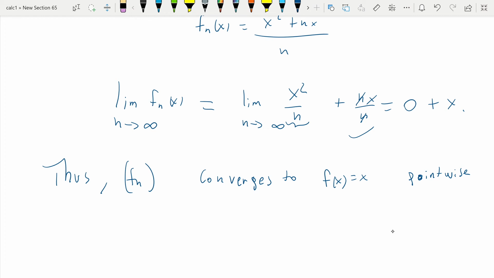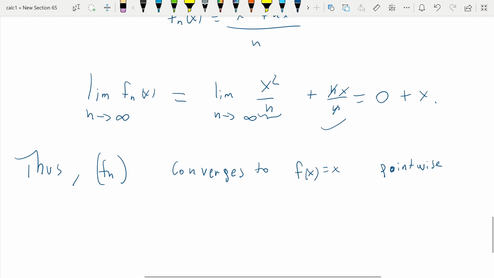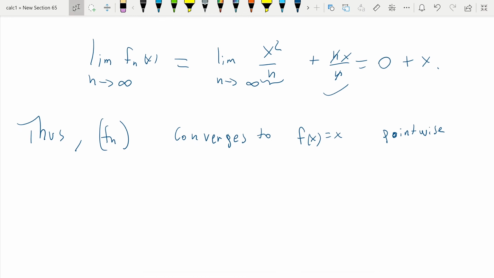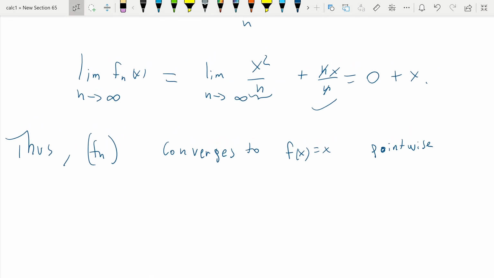The thing is, using the definition, if that happens for every x, which is the case, we just use an arbitrary x here, then if this limit is equal to this function, which in this case is x, for every x, then we can say the whole sequence of functions, not the sequence of functions evaluated at a given point, converges to the function f of x equals x pointwise.